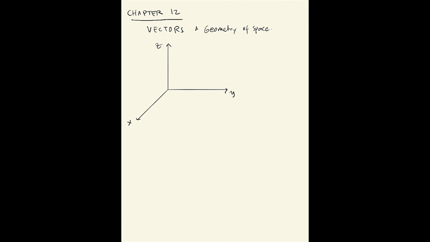For your reference, the graph or the pictures of the Cartesian axis can be like this, or if you prefer this one, you can also draw like this. Depends on you, but maybe I will draw like this. Okay, the y-axis will be like this. If you are more familiar with this picture, it will be the same.